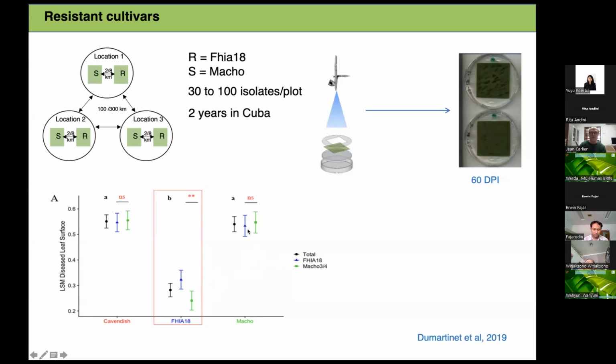And there was no difference between the 2 types of samples on the susceptible cultivars. So this was first evidence that the pathogen population adapts to the resistant hybrids.